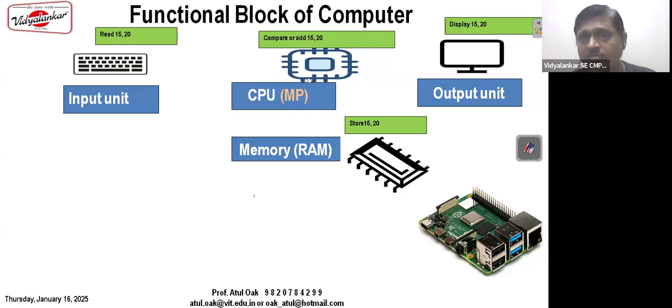How that result will go to RAM or the output device, because here there is a gap and here there is a gap. So essentially what we require between these four fundamental hardware blocks is a communication. Because without communication, your data cannot be shared.